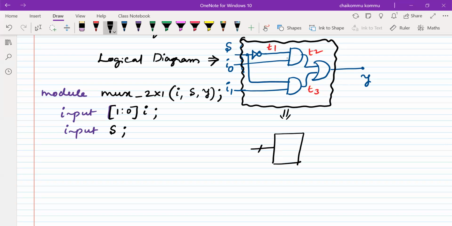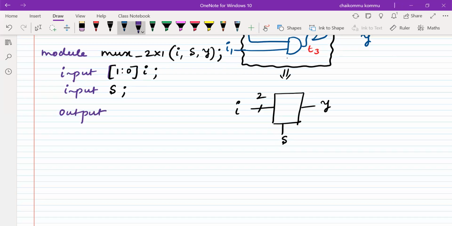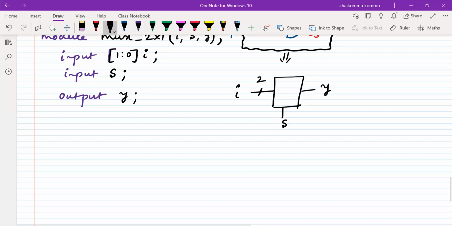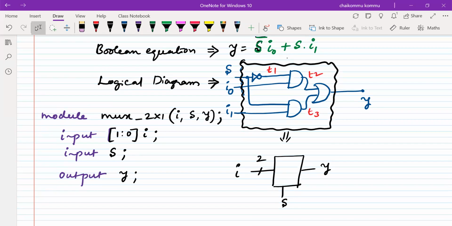We have an input of 2-bit size I, we have S, we have Y. That's what it means. Okay. So, and the output is the Y. Okay. So simply I'll write an AND gate so everybody can write. So from this diagram I need to write. So I just want to copy these diagrams so that it will be easy for me.